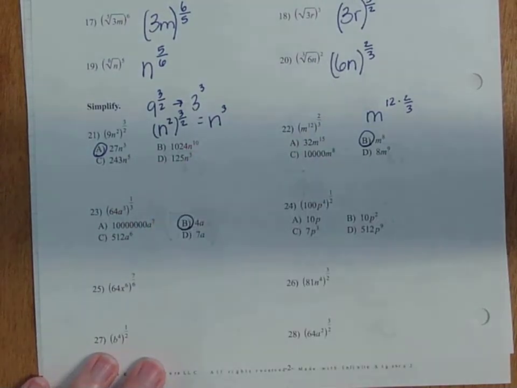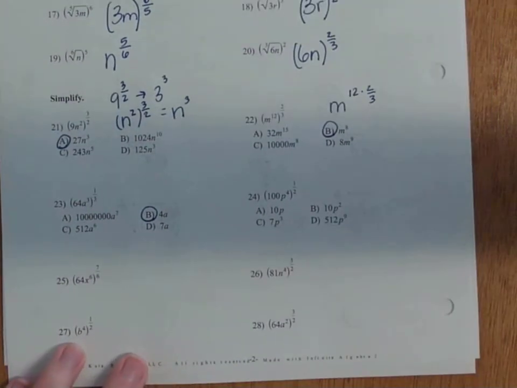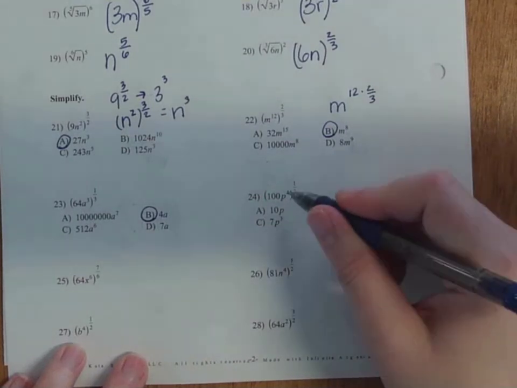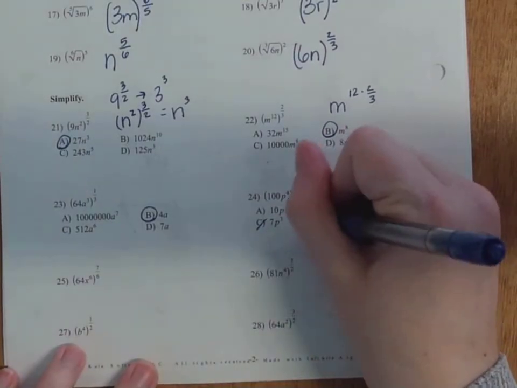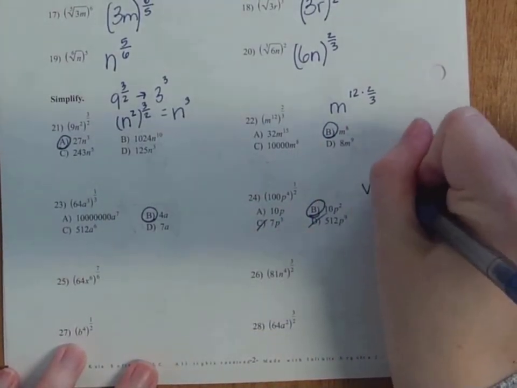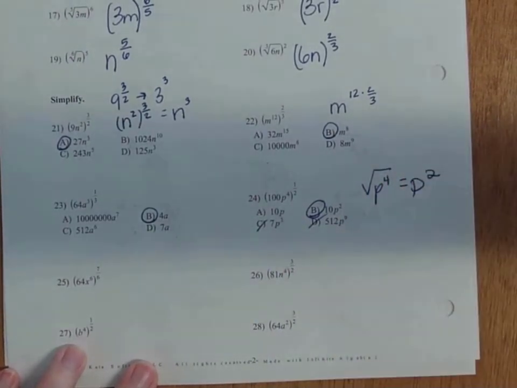So 4a. Oh, something that we can do, the square root, right? Because the power of 1/2 is equivalent to taking the square root. What's the square root of 100? 10. What's the square root of p to the 4th? 2? p to the second power. p squared. The exponent is 2, but the square root of p to the 4th is not 2. It is p squared.